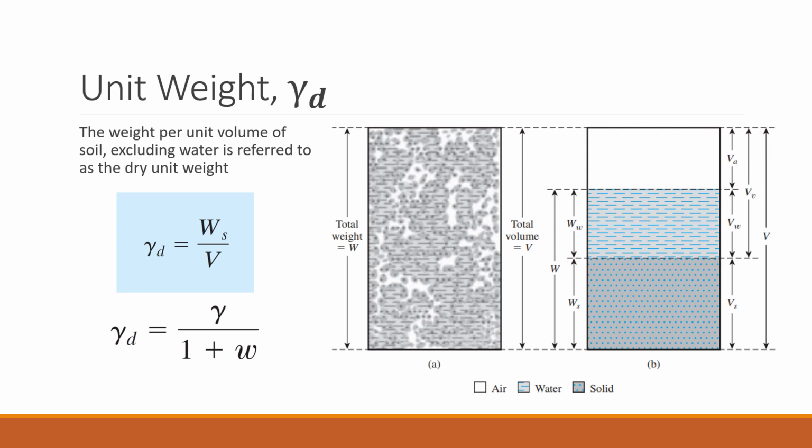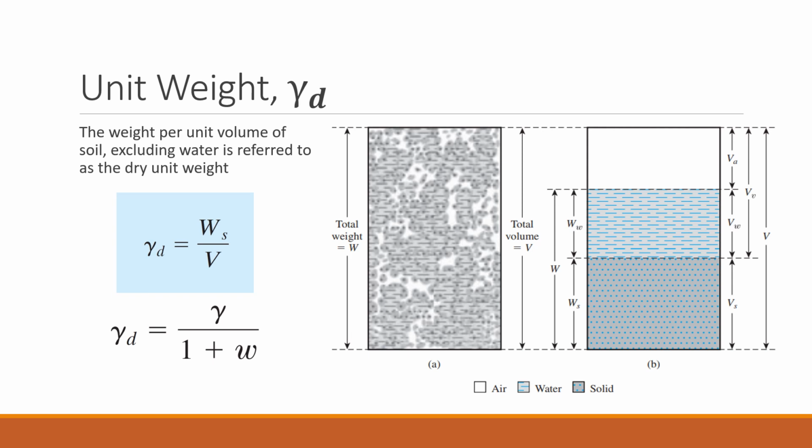So as we have observed here, weight of solids over the total volume, wherein comparing that to the moist unit weight, ang iyang formula for its unit weight is total weight over the total volume. Sa gamma dry or sa dry unit weight, ang gamiton nato nga weight is ang weight lang sa solid without the water, no? And dividing that by the total volume of the soil sample.